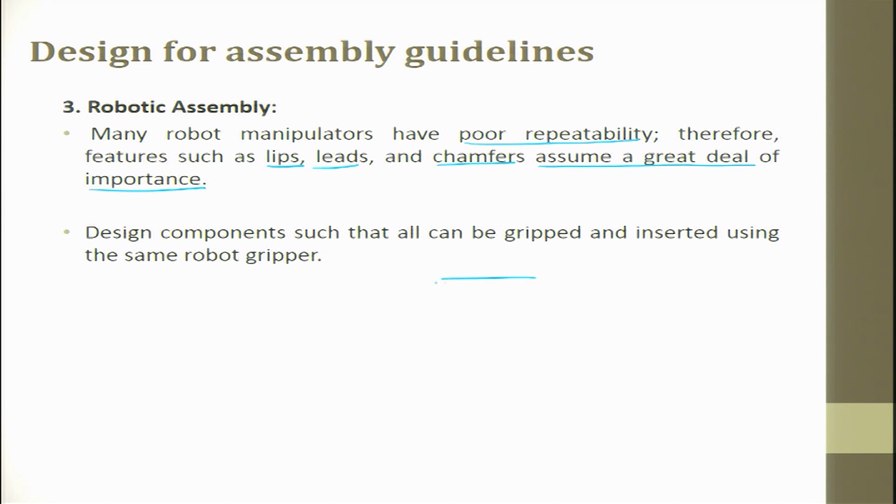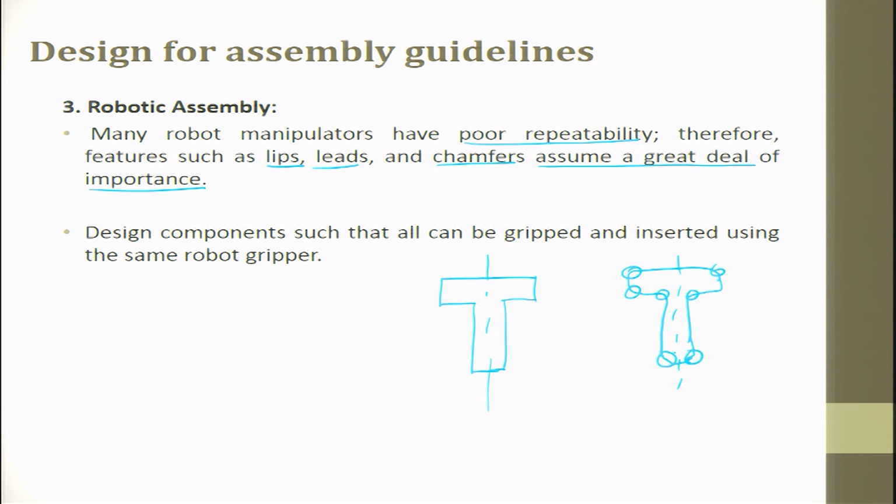That means to say, rather than having a sharp edge, you try to have something like a rounded off edge. So, you see here rounding happening here, and then chamfer happening here.